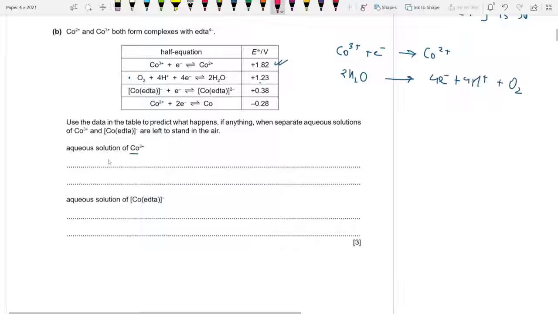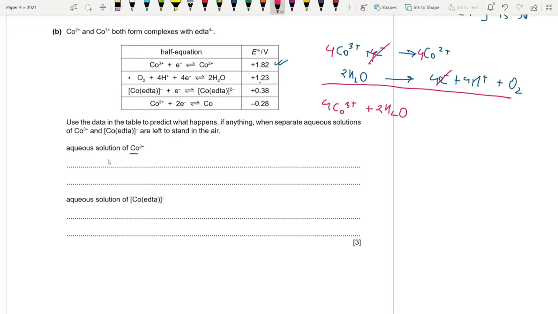To balance this equation, what do we need to do? Balance the number of electrons, multiply this by 4. So we can get rid of these. It's going to be 4 Co3+ + 2 H2O is equal to 4 Co2+ + 4 H+ and O2. That's it.